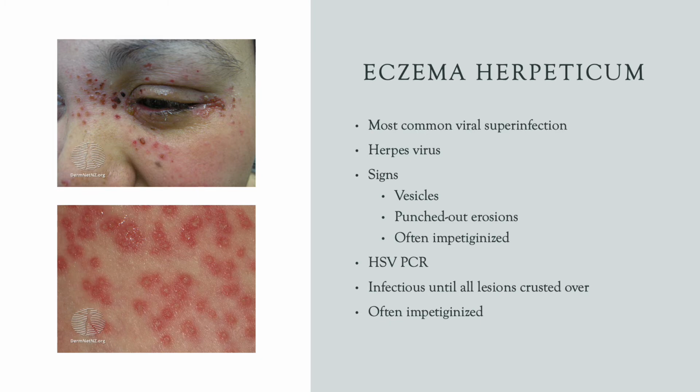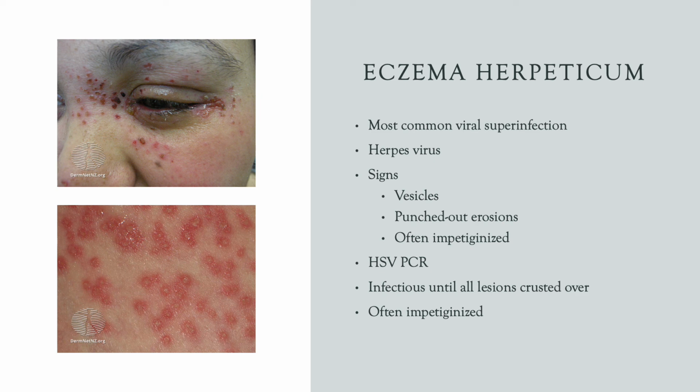Though bacterial superinfection is much more common, patients with eczema can also have viral superinfection. Eczema herpeticum is caused by herpes virus infection within eczema plaques. Small, monomorphic vesicles can be seen. However, more often you will see small punched-out erosions once the vesicles have ruptured, either spontaneously or from the trauma of scratching.